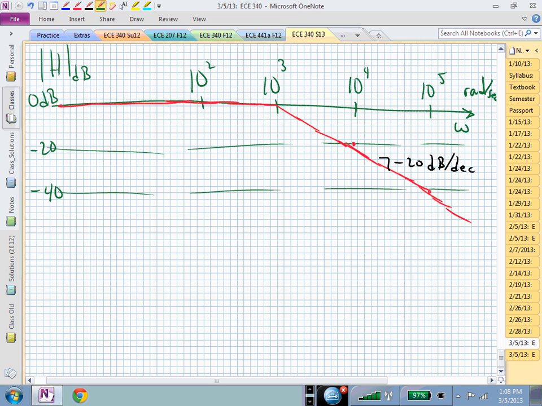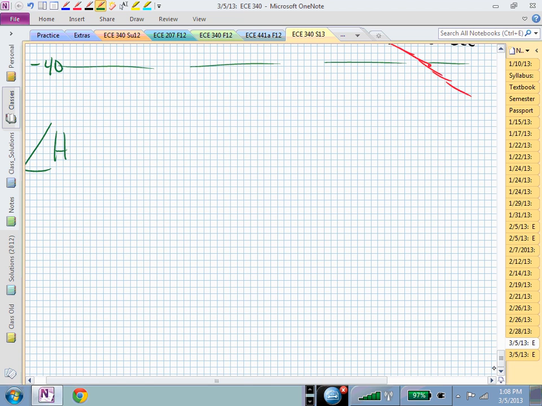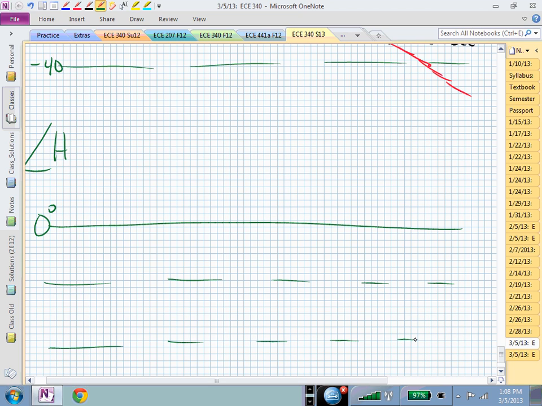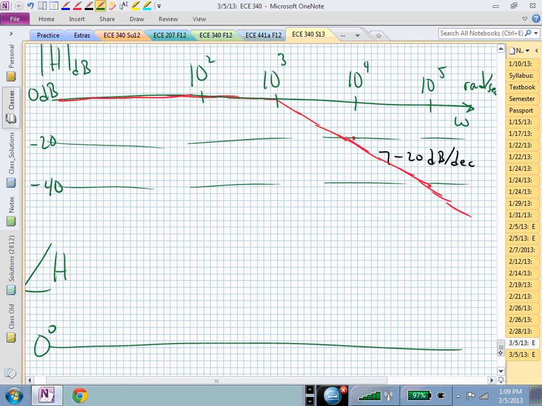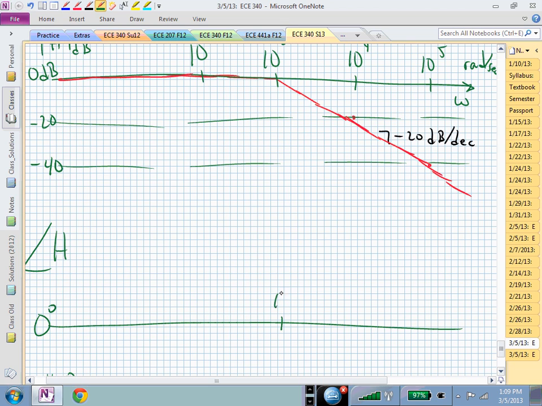Now if we wanted the phase, it is important to know something a little bit before the break frequency, in particular a decade before.